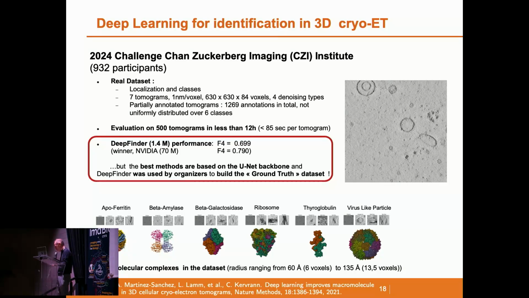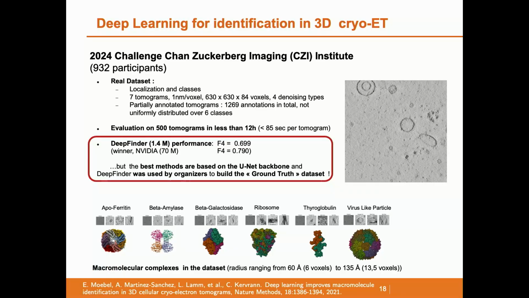Okay, so it could be the end of the story, but recently the Chan Zuckerberg Imaging Institute proposed a new challenge, but on real data set in that time, and the number of participants was much higher than that from previous challenges, because now we are maybe less than 1,000 people to participate to that challenge.